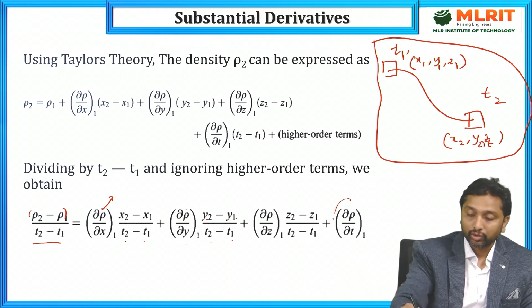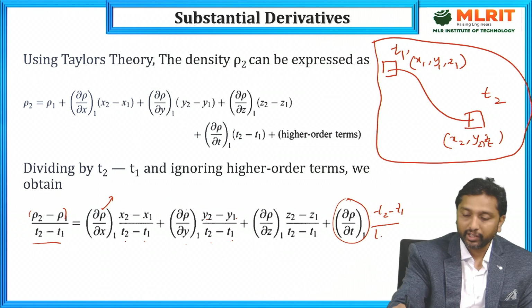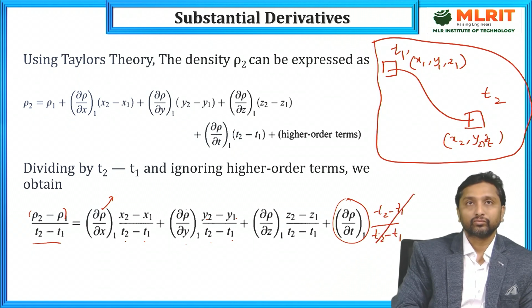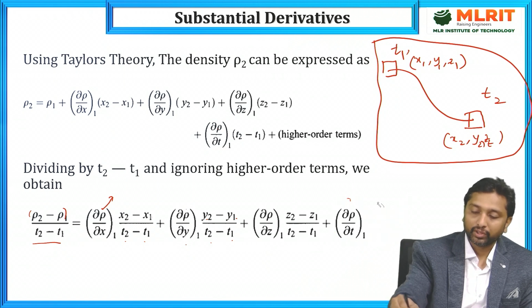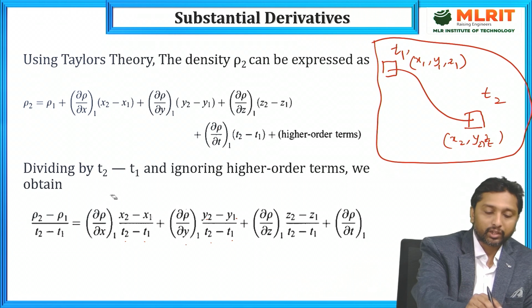Again, dou rho by dou t, since it is t2 minus t1 by t2 minus t1, we can cancel them. So you will end up with this form of equation if you divide it by time.